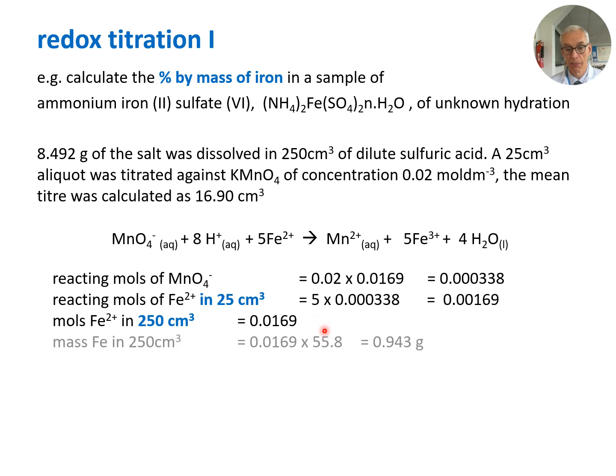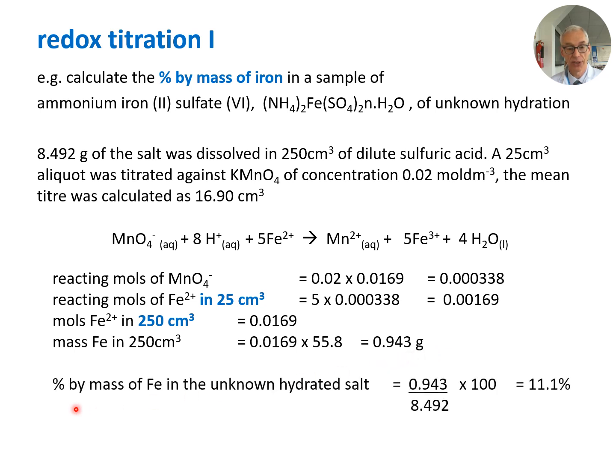We need to know the mass of the iron in 250. We do the number of moles times 55.8. Gives us 0.943. And then to get our percentage by mass, there's the mass of iron, there's the mass of the salt, times 100. Comes out as it does.